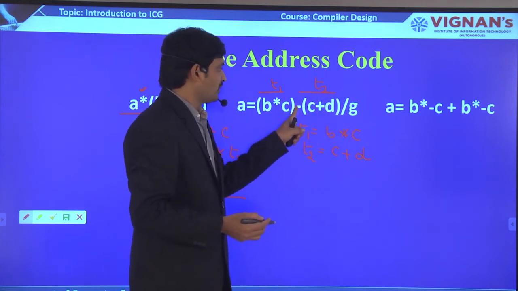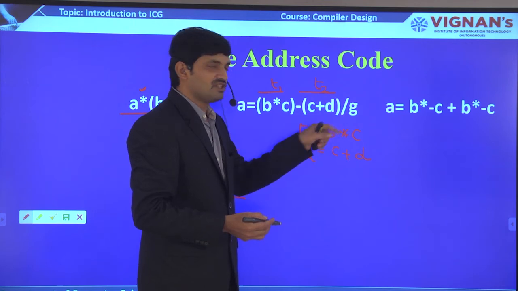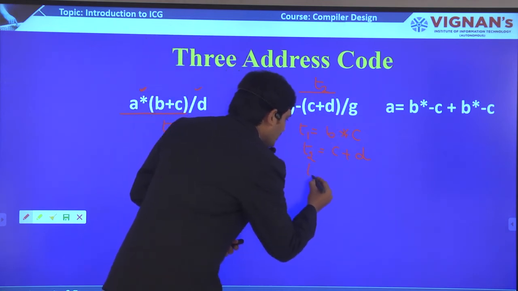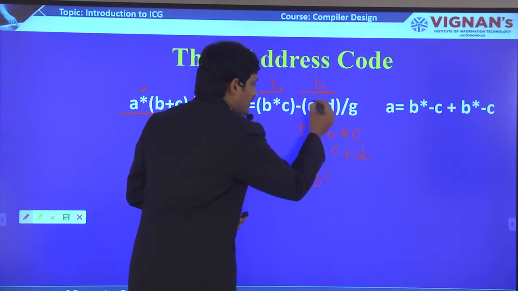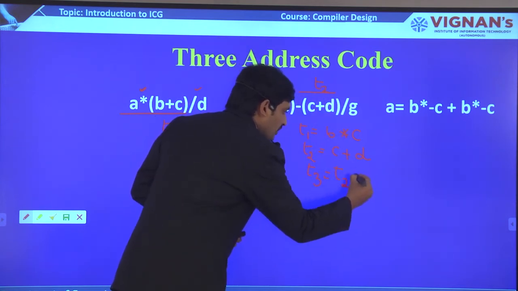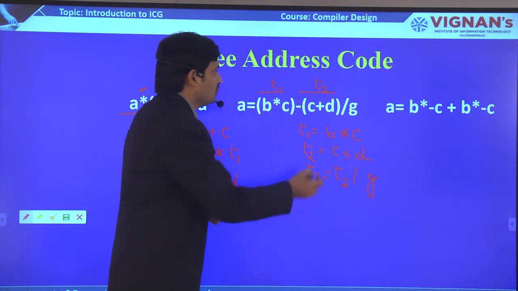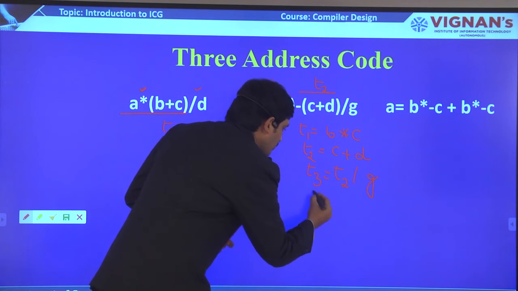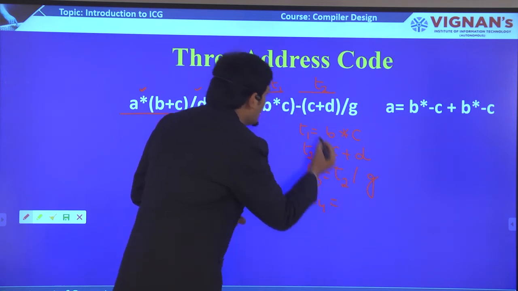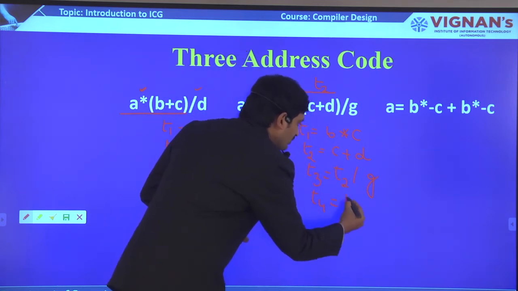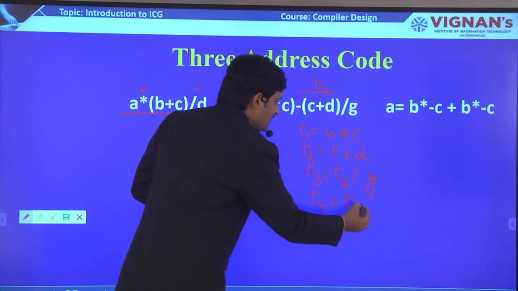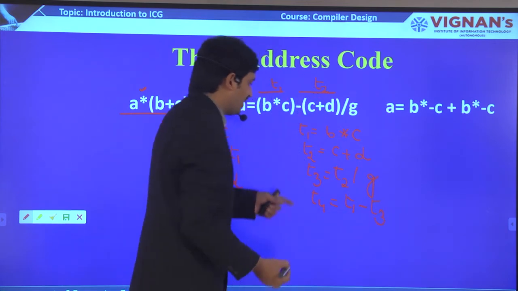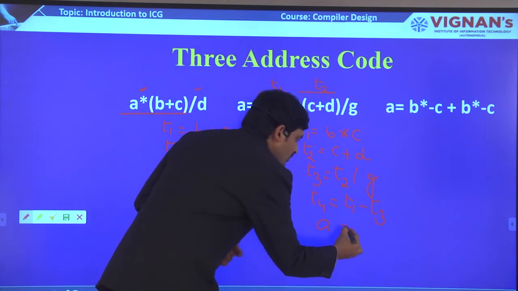So when you compare this subtraction and division, division has the highest precedence. So go for the division. So t3 equal to t2 by g. So this entire thing is treated as t3 now. So now t4 equal to t1, that means b into c, minus t3, and finally a equal to t4.